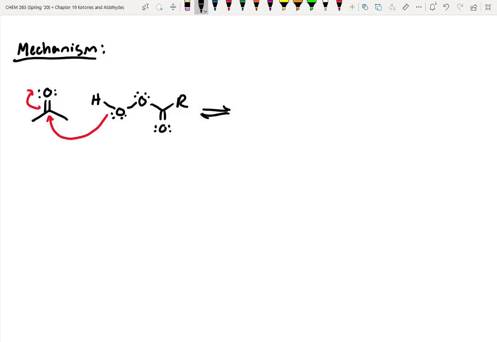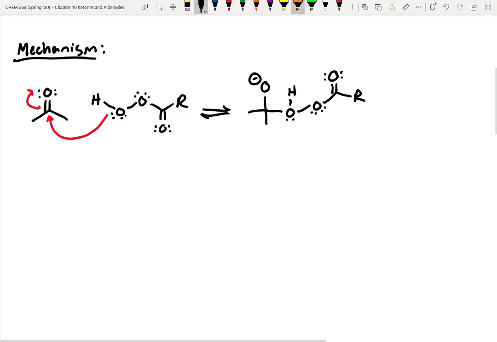The new intermediate has oxygen with a negative charge on acetone, but now we've got this peroxy acid that was added in. And I'm going to draw my peroxy acid a little bit like this. And this oxygen over here that attacked in, because it still has a proton off of it, must have a positive charge, right? All right, so now the question is, well, what in the heck happens in the next step?